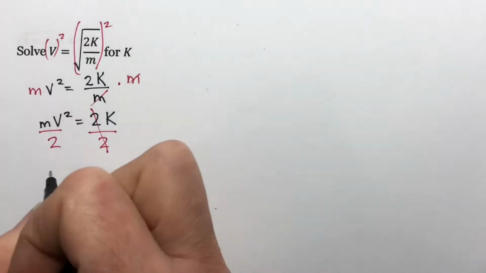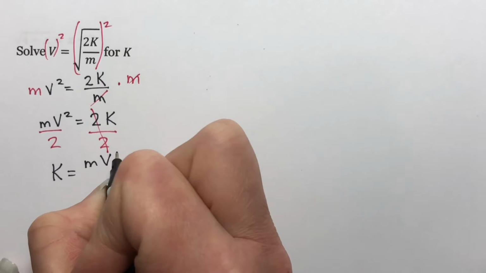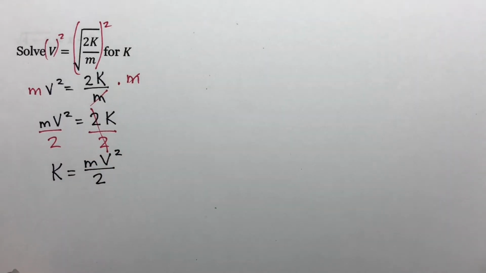So I end up with k is equal to mv squared over 2. Since we don't really know what the values are of those variables right now, there's not really much that we can check, okay? This is the answer we're looking for.